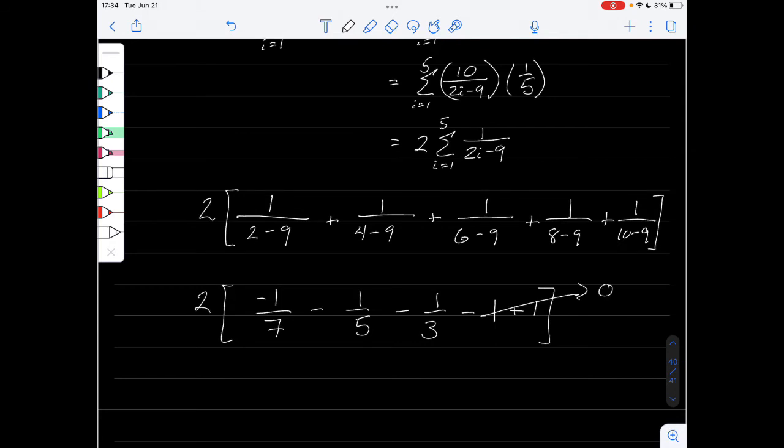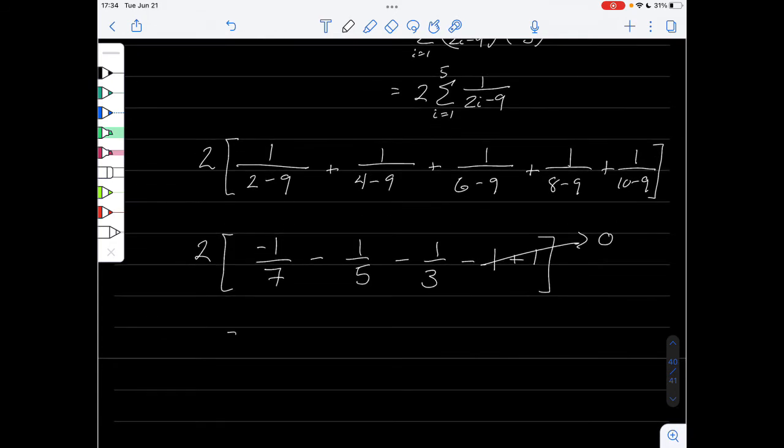So these cancel out, and we have negative 2. Let's get a common denominator here. So 7, 5, and 3 are all co-prime with each other. So the least common denominator is going to be 7 times 5 times 3. So 7 times 3 is 21, times 5 is 105.